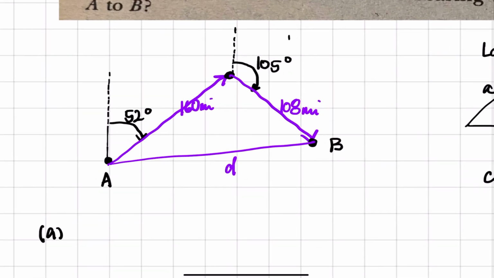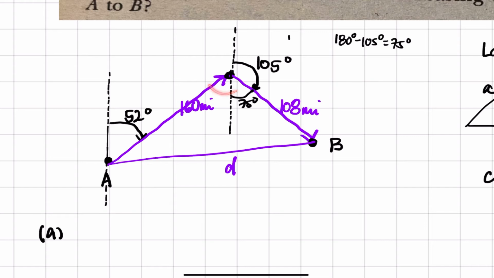So, zoom in natin. So, ang gagawin ko, extend ko yung line na yan. Okay. So, ito 180 degrees kasi line. So, ang magiging measure nito is 180 degrees minus 105, which is 75 degrees. So, this is 75 degrees.